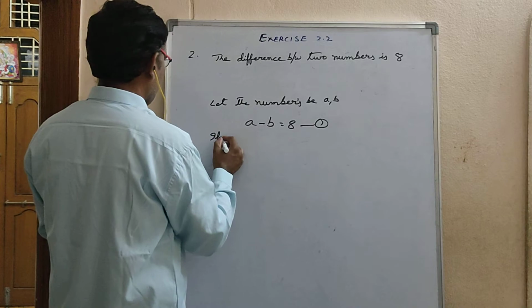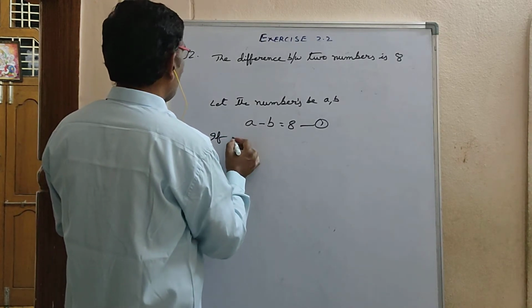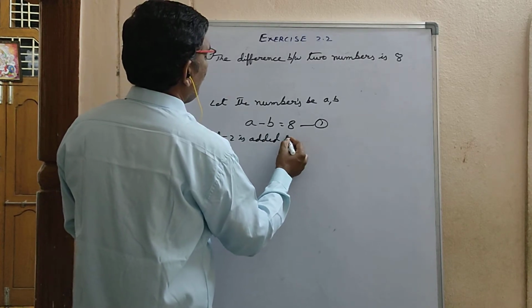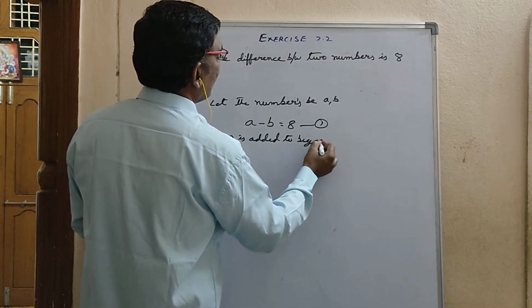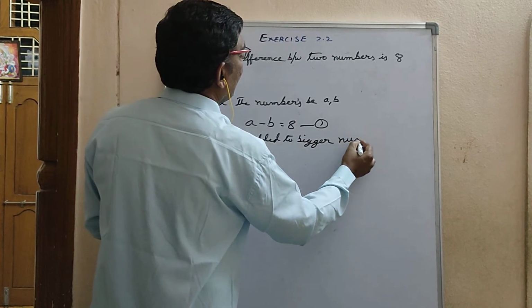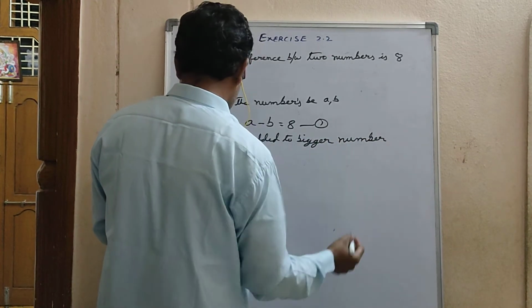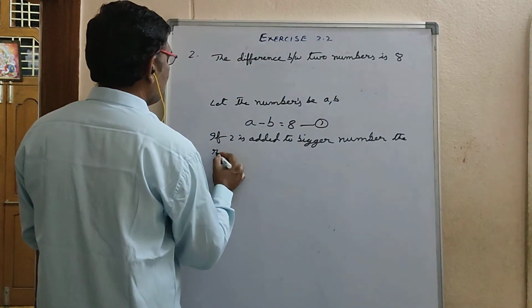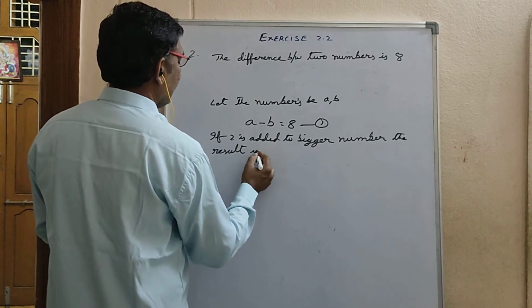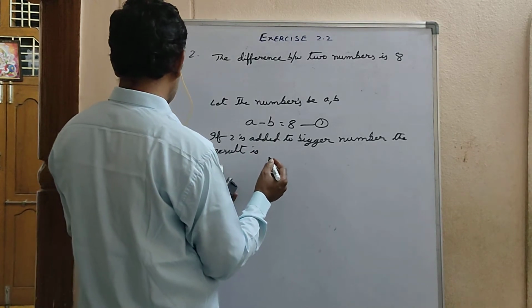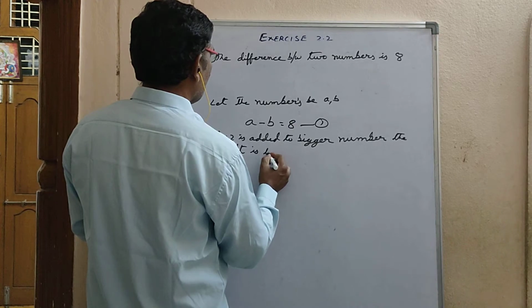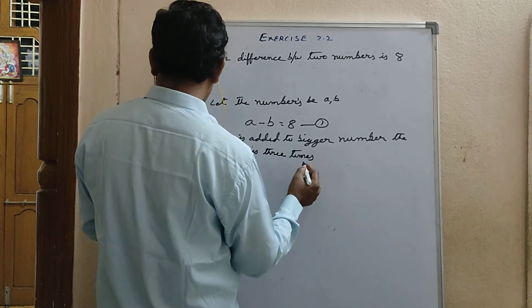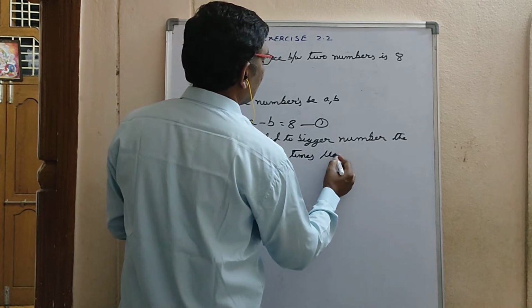If 2 is added to the bigger number, the result is or will be 3 times the smaller number.